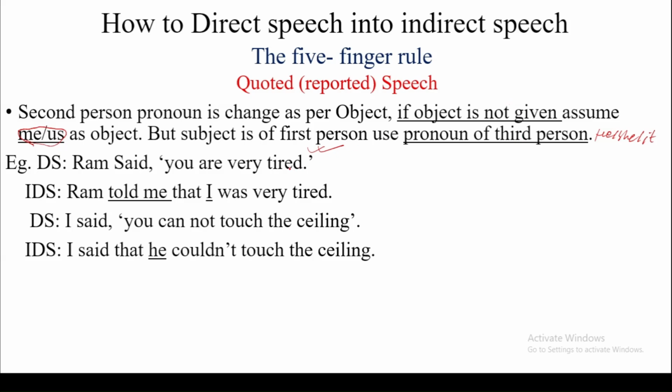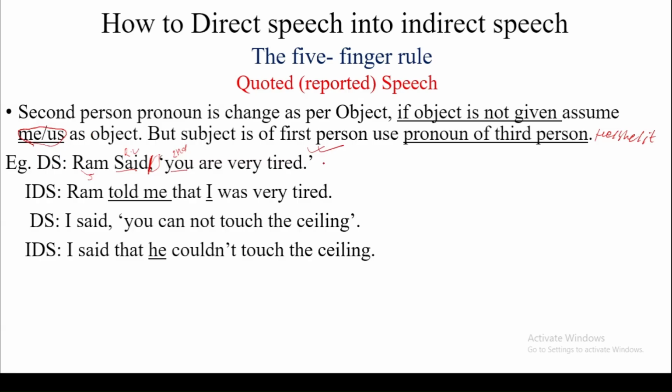Look at these examples. The example is Ram said, "You are very tired." Look here: Ram is the subject, said is the reporting verb, a comma is there, and you is a pronoun of second person. The rule is that pronouns of second person are changed according to the object, but we do not have an object here. So in that case we have to assume an object, the object of first person first.